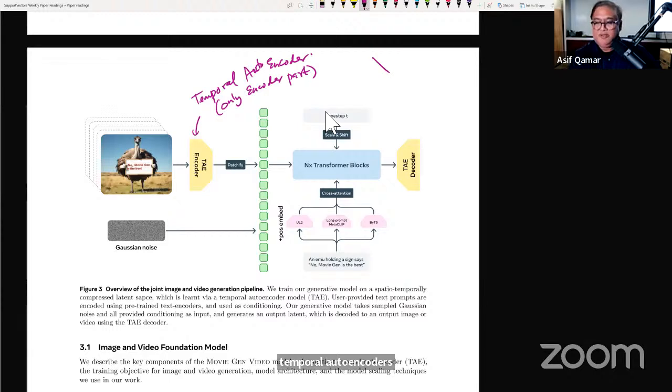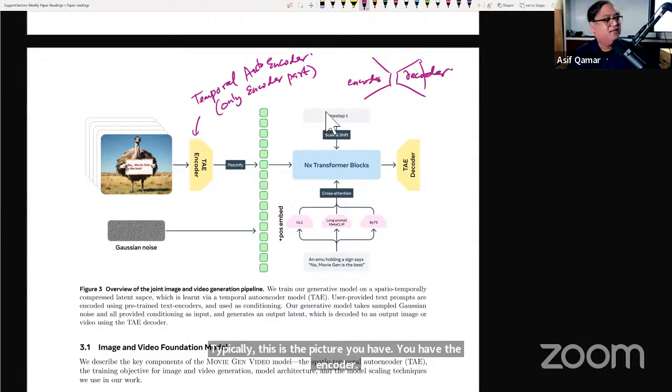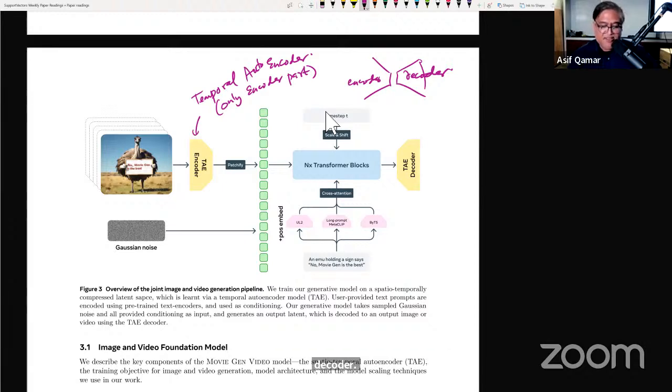So remember, an autoencoder typically looks like this: you have the encoder and decoder. That's how you think about it. But here they are saying, that's why they have this funny shape, we are looking only at the encoder.